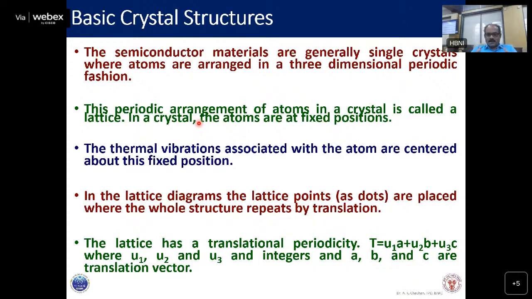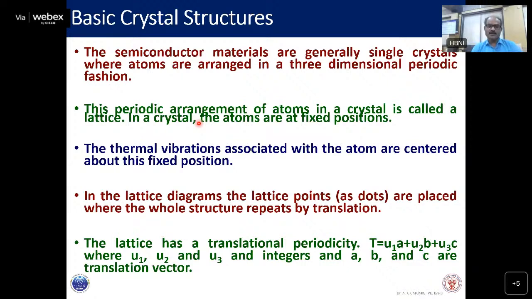Crystal structure: you have a lattice, and a lattice is an infinite array of points which hold a periodicity.